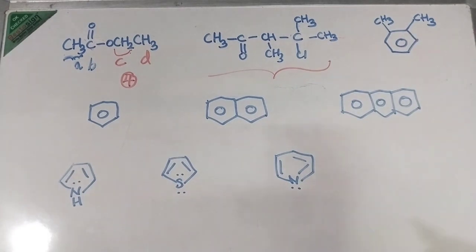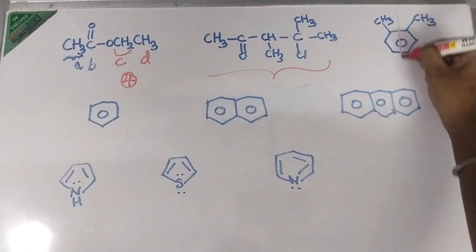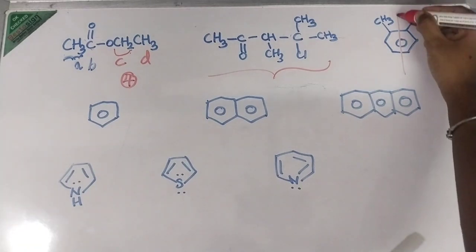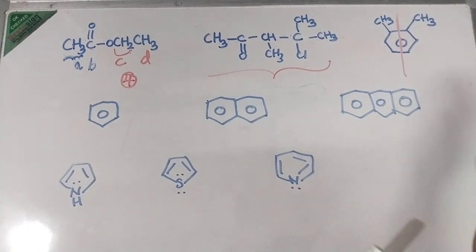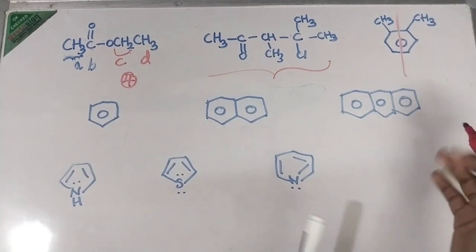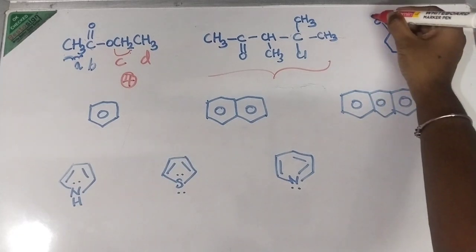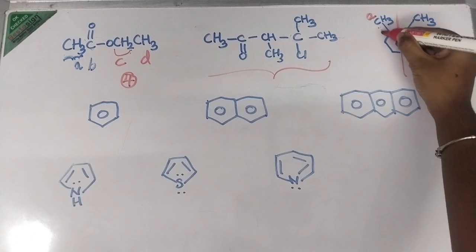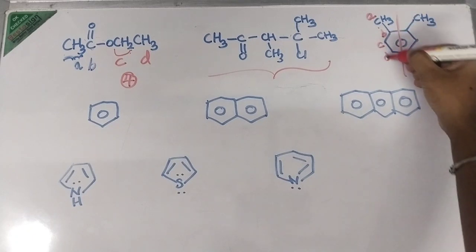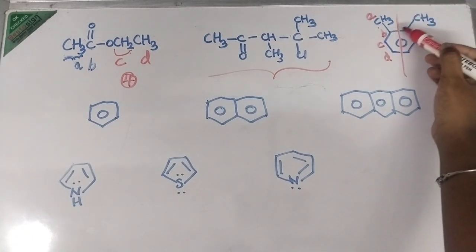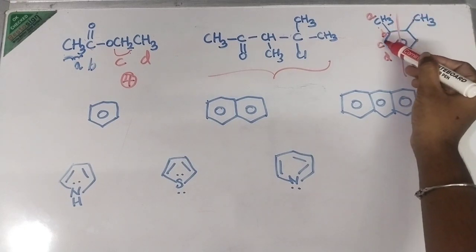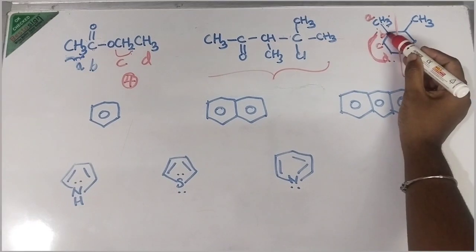Now, see this case, okay. In this case, there is a possibility of a plane of symmetry, right? You can draw a plane of symmetry here. After drawing the plane of symmetry, you can just calculate the number of signals on one side alone, right? So, this is A type of carbon, okay. This is B, this is C, and this is D. Because see here, from this methyl group, it is quite distant, it is far away.